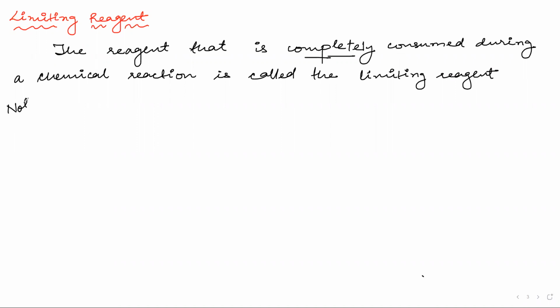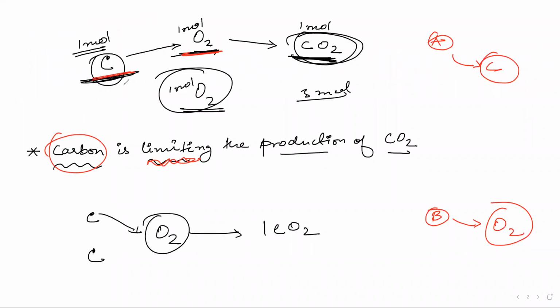Also, a few points. For us, what is important is that we always check the limiting reagent, because the limiting reagent is that reactant which determines the amount of product which is formed.